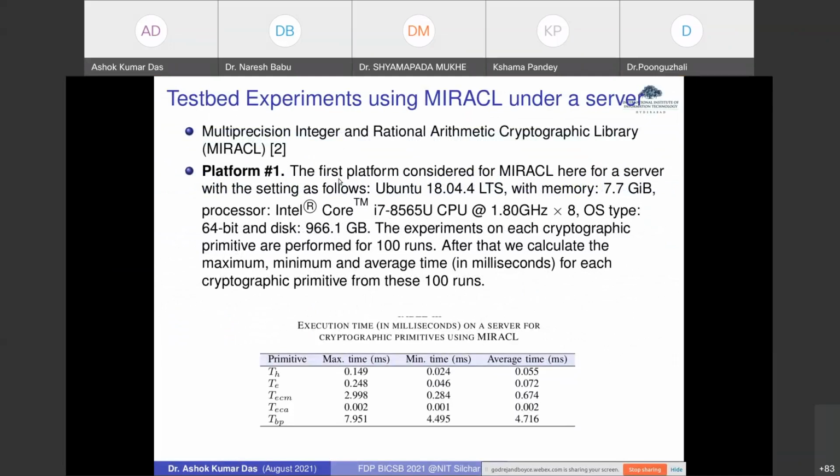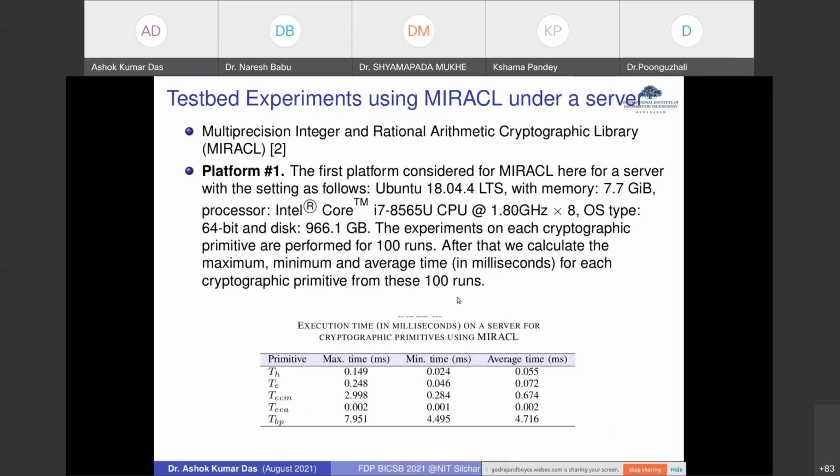Here we have taken two kinds of platforms. The first platform is the server platform, for example GSS or ground station servers. We implemented each and every cryptographic primitive, for example hash functions, modular exponentiations, elliptic curve multiplications, elliptic curve point additions, and binary pairing. We ran each primitive 100 times, and recorded the maximum time, minimum time, and average time.